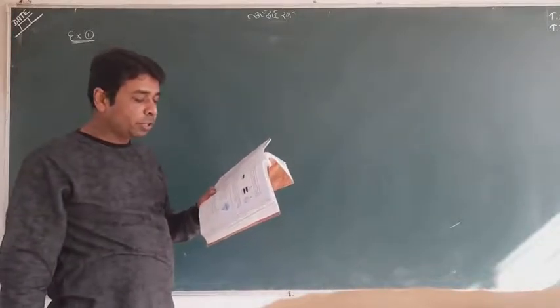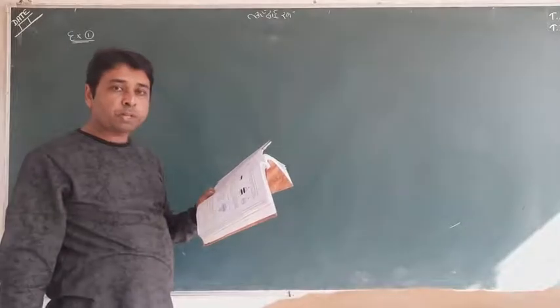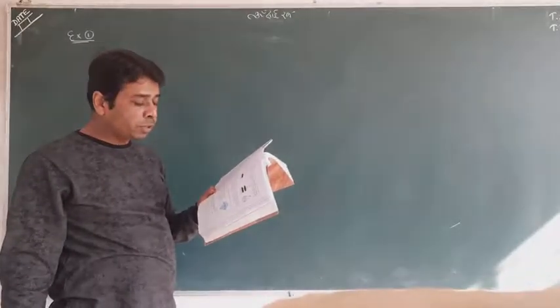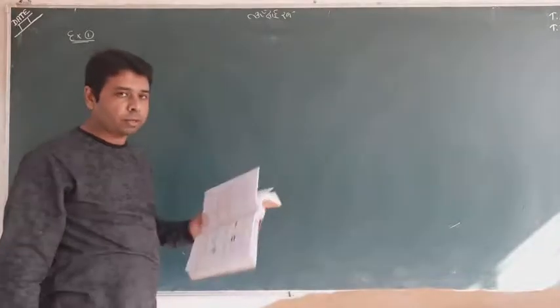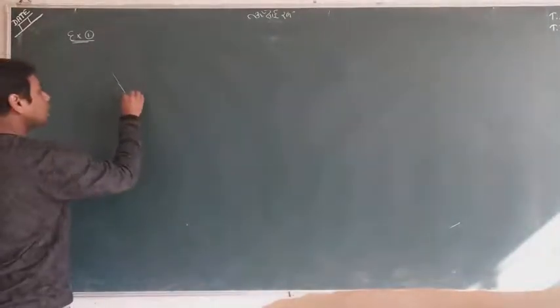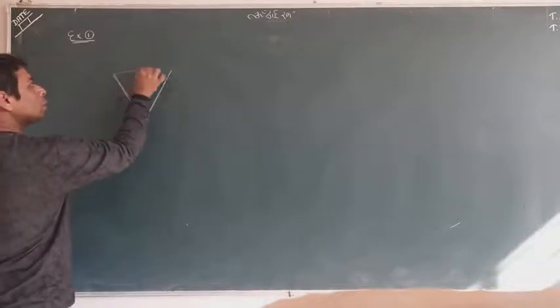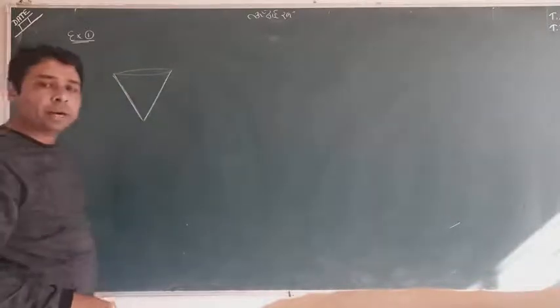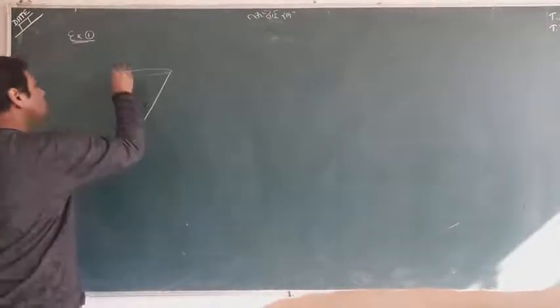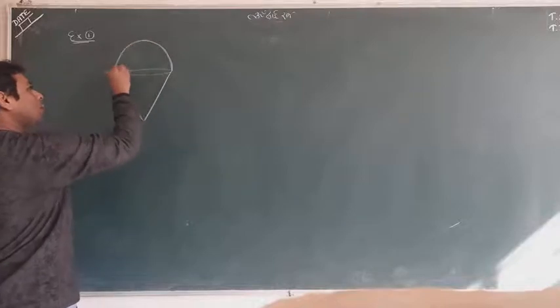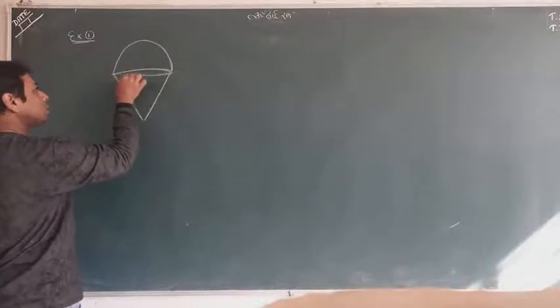The top is shaped like a cone surmounted by a hemisphere. The playing top is just like a cone, surmounted by a hemisphere. Try to understand the language.